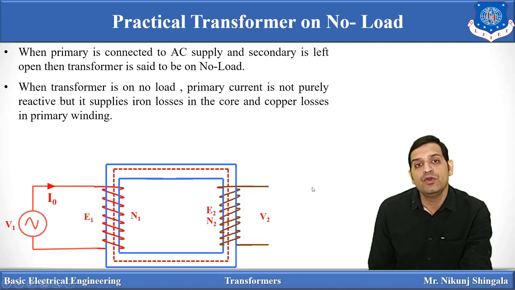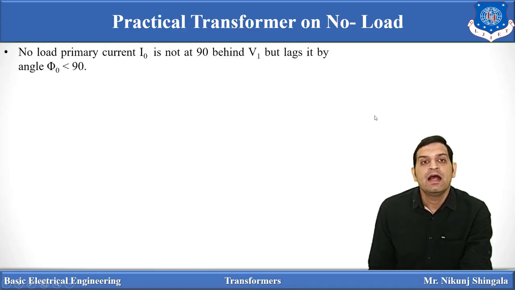Now when the transformer is on no load and is a practical transformer, the primary current is not purely reactive. In the case of the ideal transformer, the primary current was purely inductive. Here it is not. It supplies the iron losses in the core and copper losses in the primary winding, because now the angle between V and I is not 90 degrees but less than 90 degrees, since the winding has certain resistance. So the no-load primary current I0 is not 90 degrees behind V1, but lags V1 by some angle phi 0 that is less than 90 degrees, because the windings are not purely inductive.